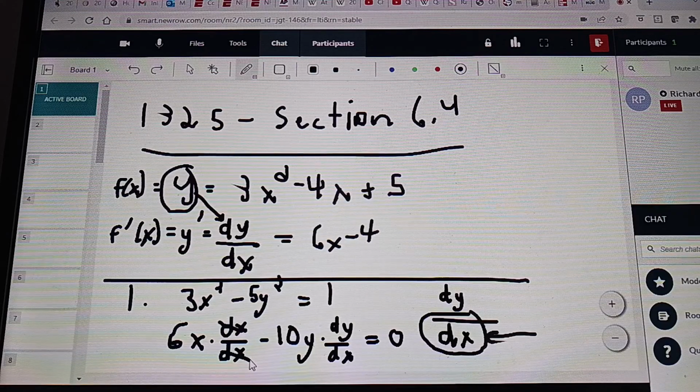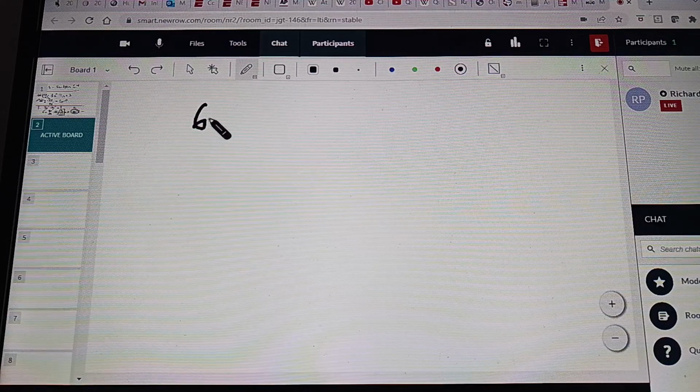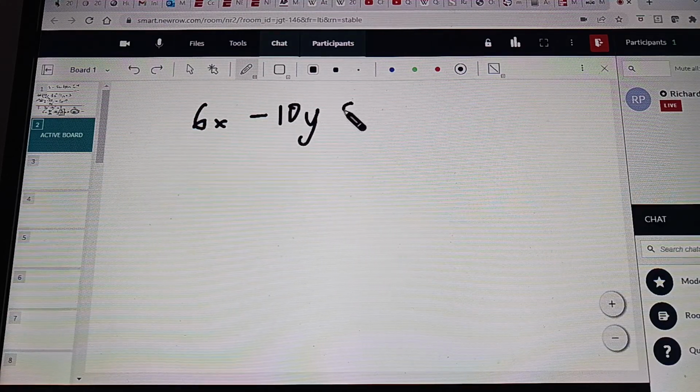And then the goal is going to be solving for dy over dx. If I can get this by itself, I'll have the answer. And I don't care how messy the other side gets. So I currently have 6x minus 10y dy over dx equals 0.